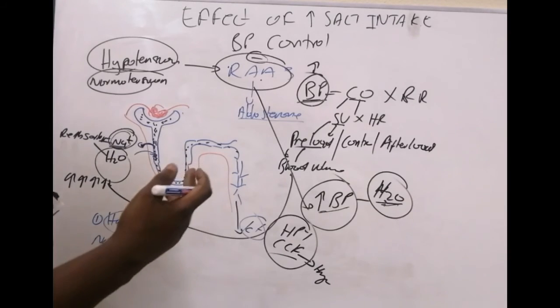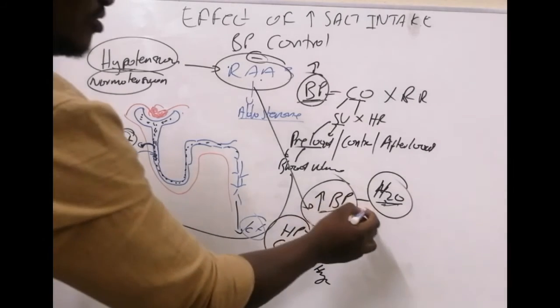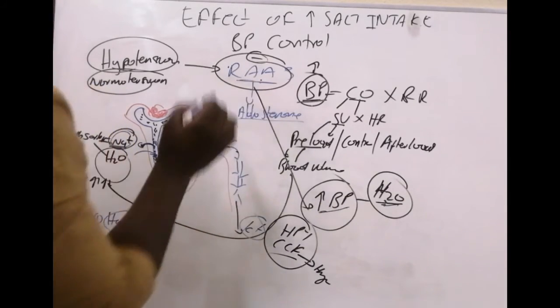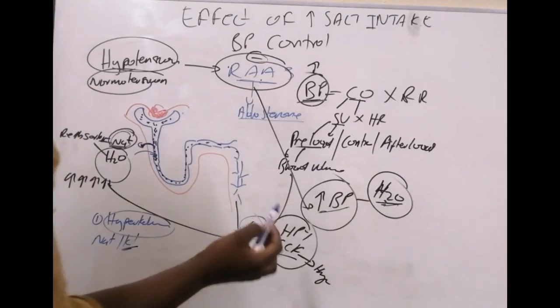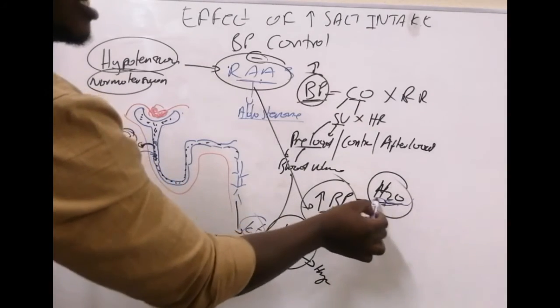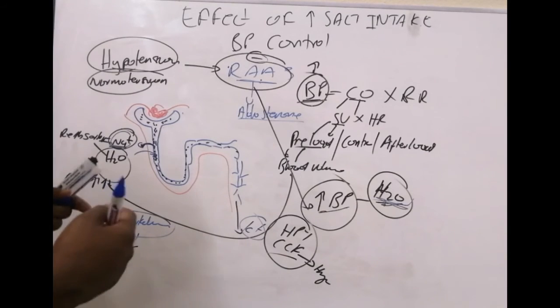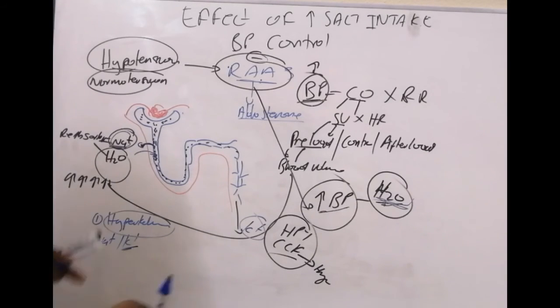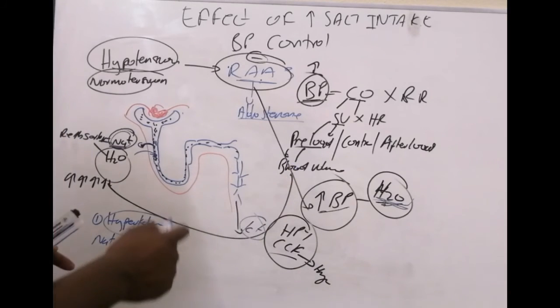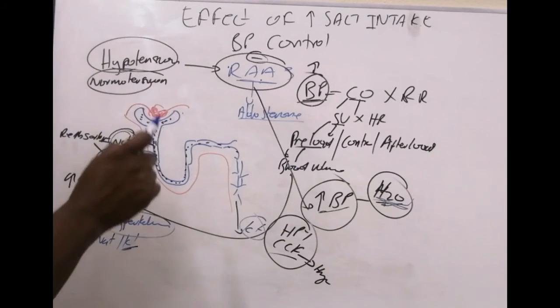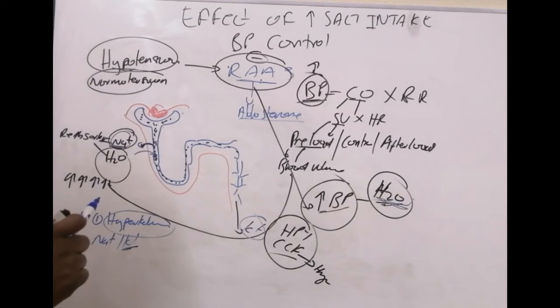Now, when you've got fluid overload already, and then you switch on this system, you are saying to this patient, retain more water. The same water that is making the patient have pulmonary edema, the same water that is making the patient have swollen limbs, congested liver, and all those things. So that's why I'm saying this system for CCF and hypertension is horrible. You don't want it in those patients.